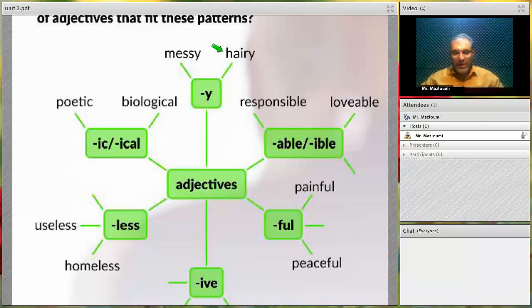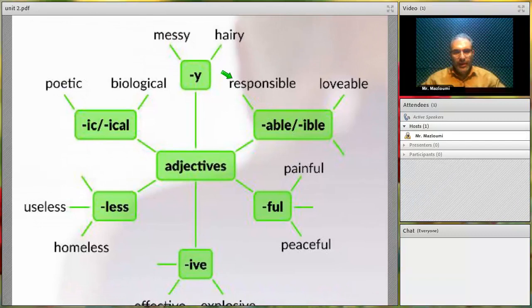It means dangerous, frightening, for example, a hairy road. Next one, responsible, lovable. Lovable means friendly and attractive. We have profitable, unprofitable.